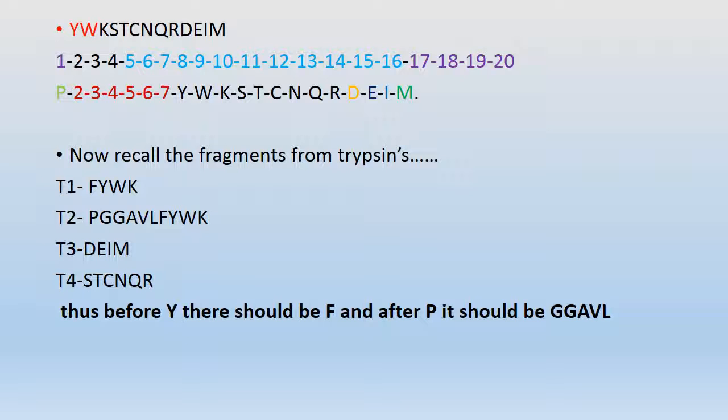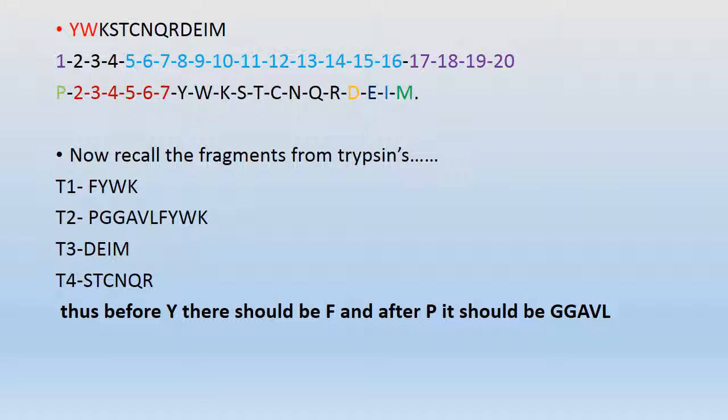That is Y, FY, WK, PGG, AVLF, WK, DEIM, STQ and R. So before every Y there is a phenylalanine. So before Y at the 7th position you will get phenylalanine. Now the remaining 5 amino acids we need to know.